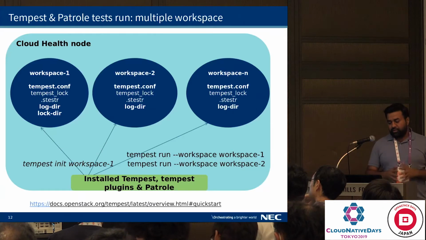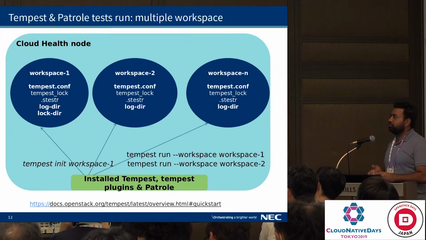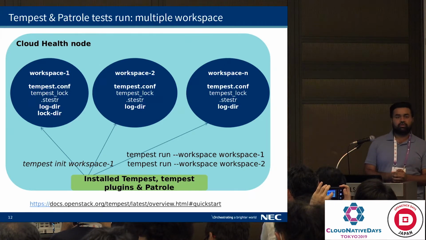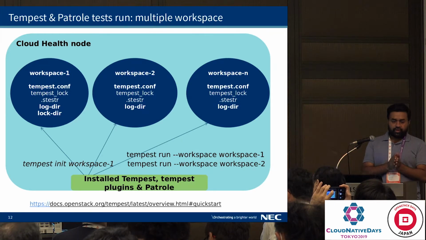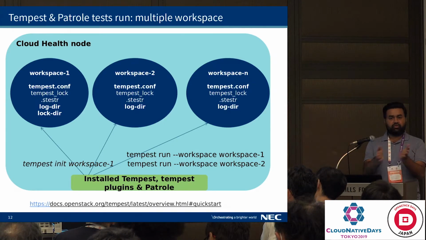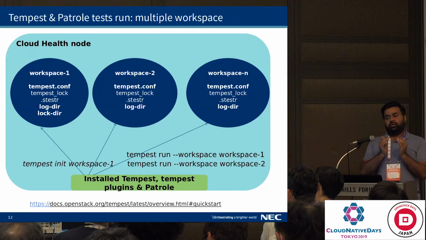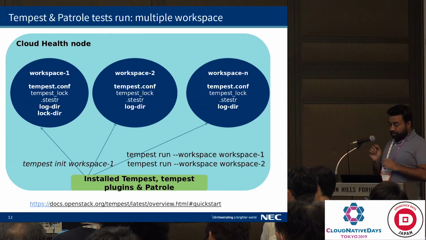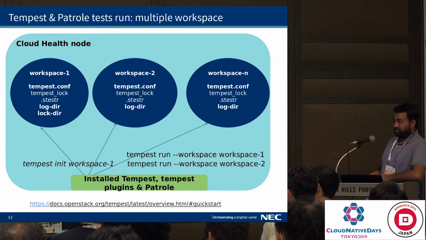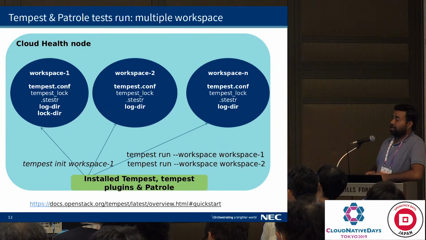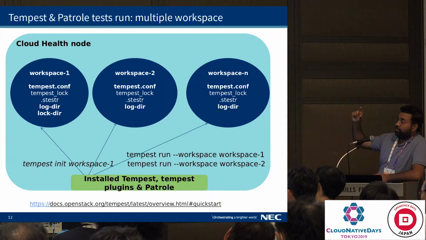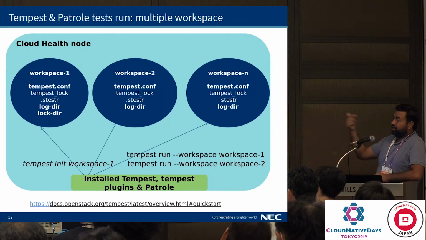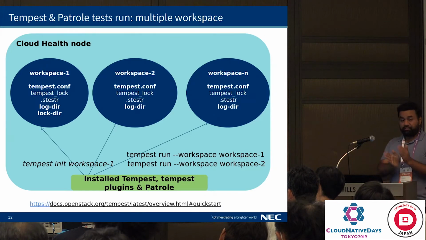So next I would like to tell you about the health node, like how you can run Tempest or Patrol on a single node with multiple instances. There is a concept called a workspace, and you can create multiple workspaces. Each workspace will have its own files, like the Tempest conf, stester, log directory, lock, everything will be separate.